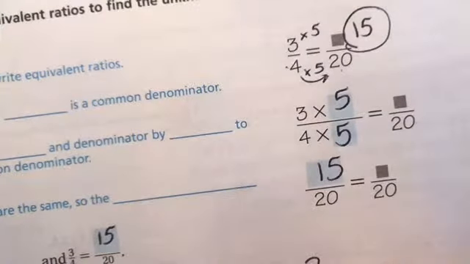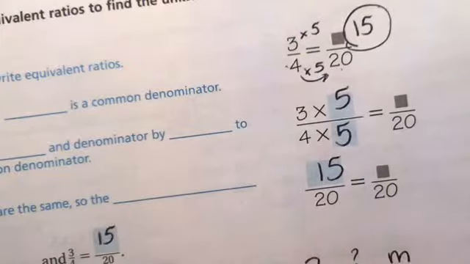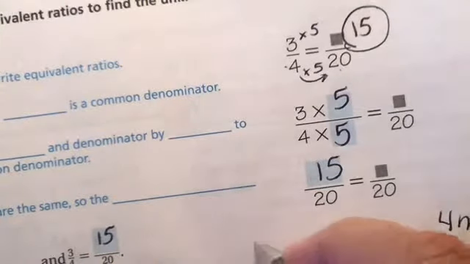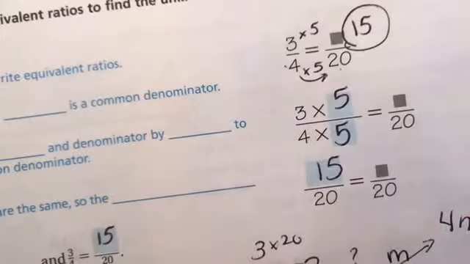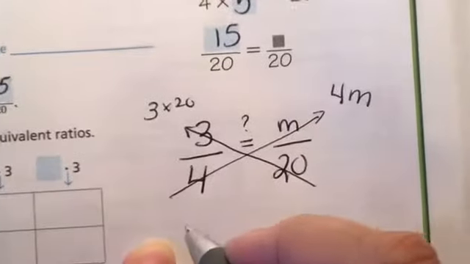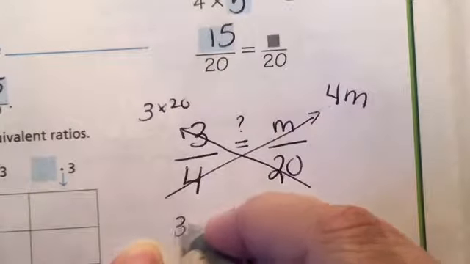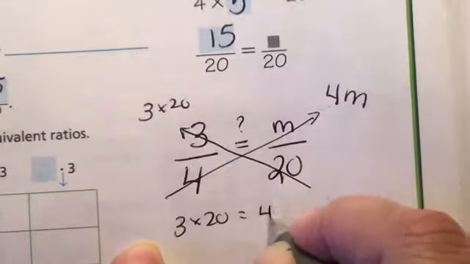But let's do the cross multiplication method that I was just showing you on the other page. Put a variable there, m over 20. So 4 times m on this side, 3 times 20 on this side. Sorry, 4 times m, 3 times 20. So, I'm going to rewrite that, not that you have to do all these steps.